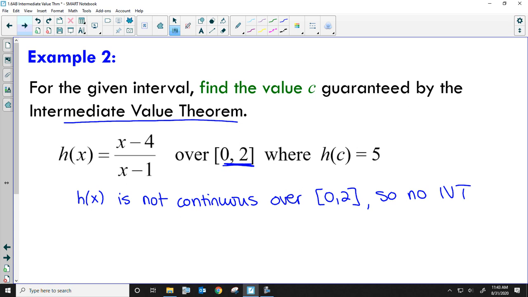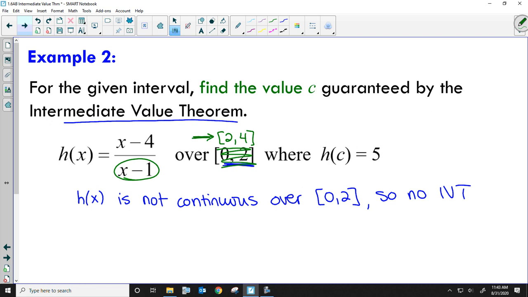Now, what I do want you to realize is, what if the interval was from 2 to 4? I don't actually know if this is going to work out, so I'm not going to complete this problem, but your discontinuity is at x equals 1. So is the function continuous over the interval from 2 to 4? Yes, it is, right?